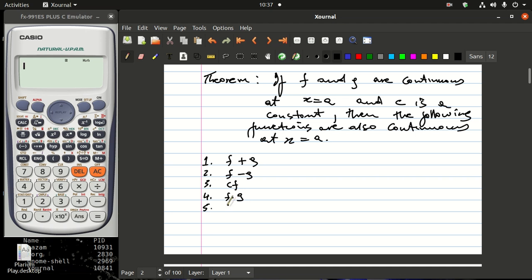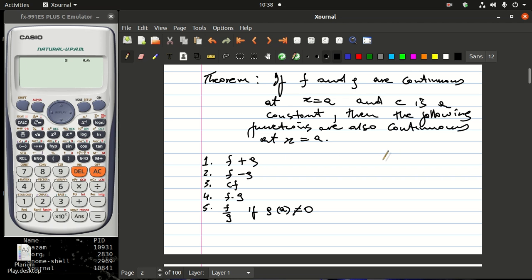And if I take f of x divided by g of x, given that g of a is not equal to 0, then this function is also continuous. Those are other functions that follow from knowing that f and g are continuous.